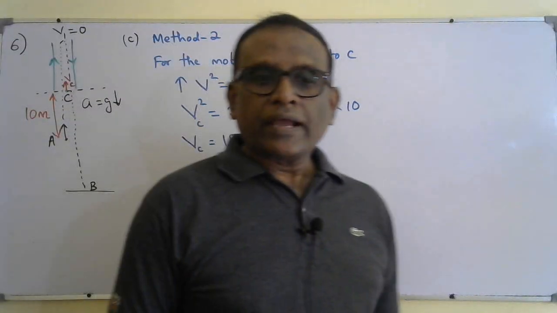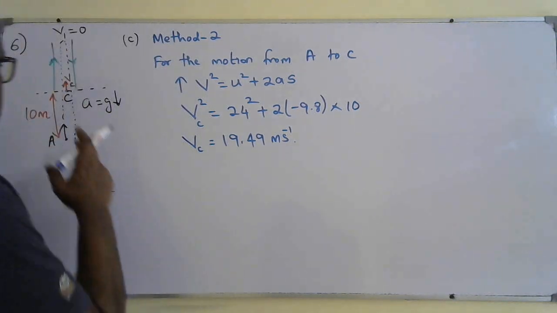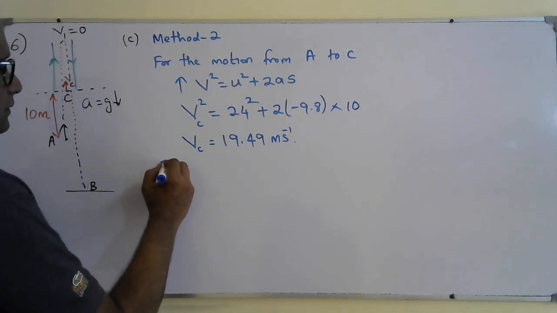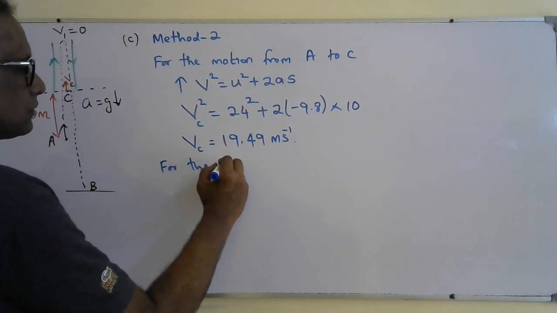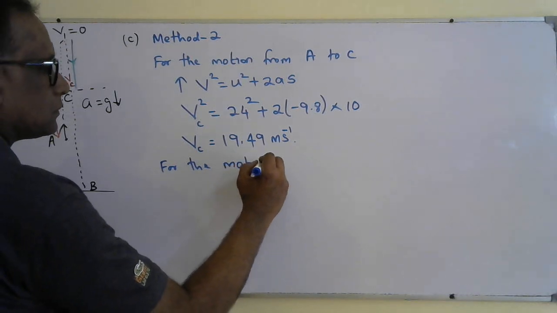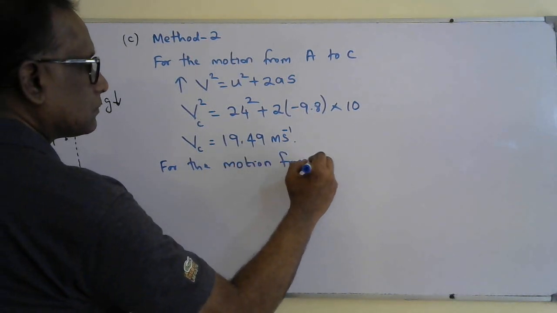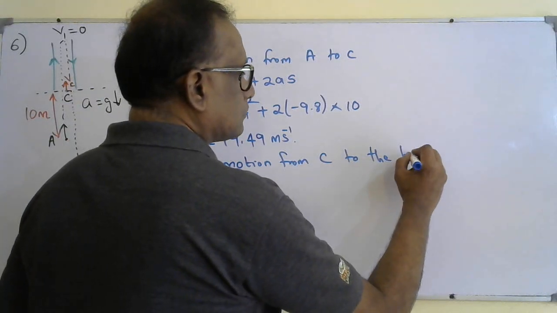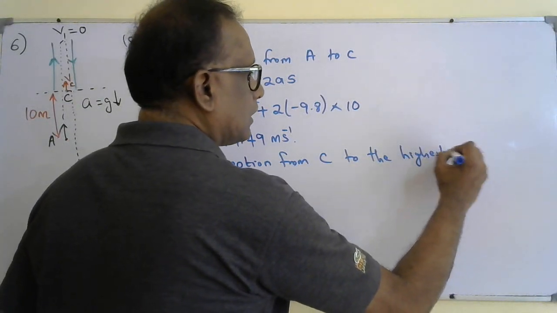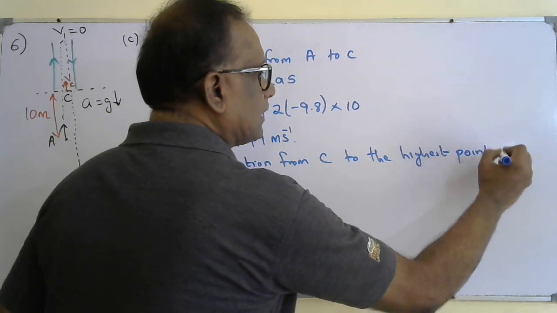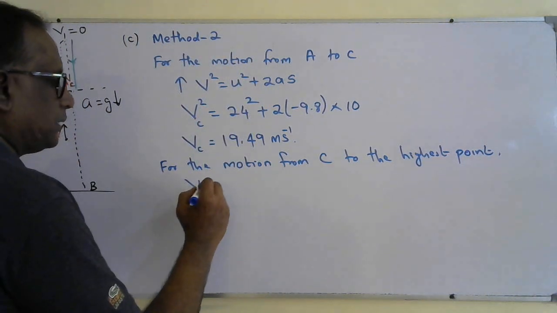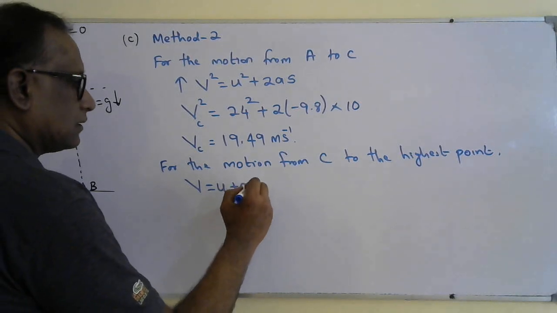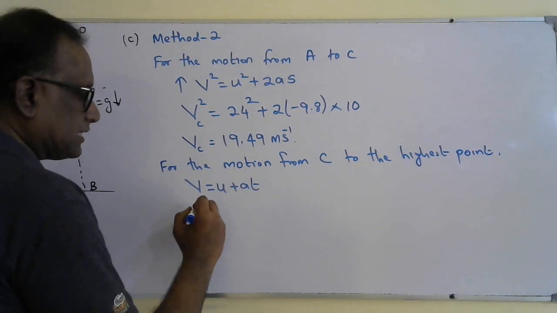Right. Now I have to consider the motion from C to the highest point. There I'll use v equal u plus at. At the highest point the velocity is 0.